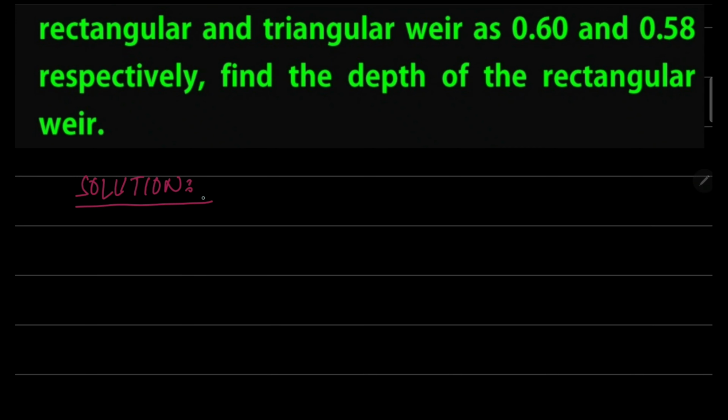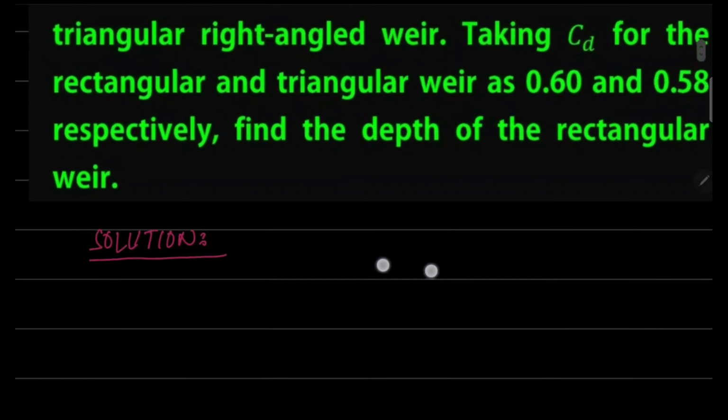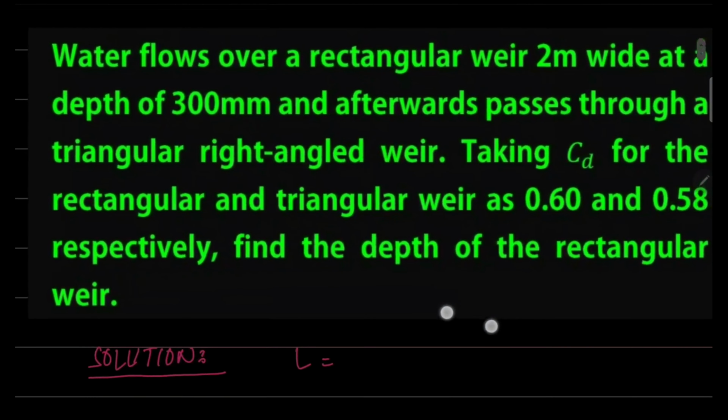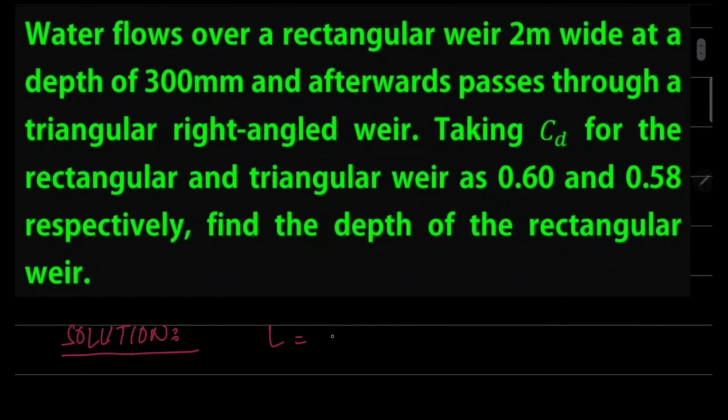For the solution, the values are given as L equal to 2 meter wide, and height that is 300 mm, that is 0.3 meter, and CD value for the rectangular notch is given as 0.60.